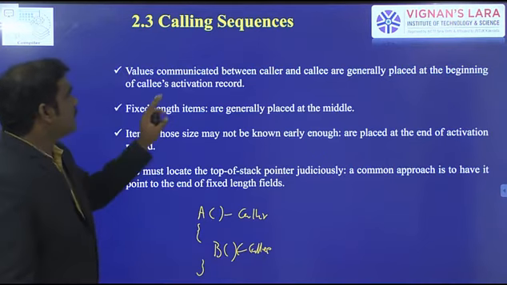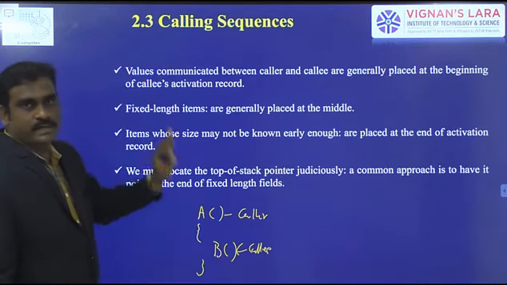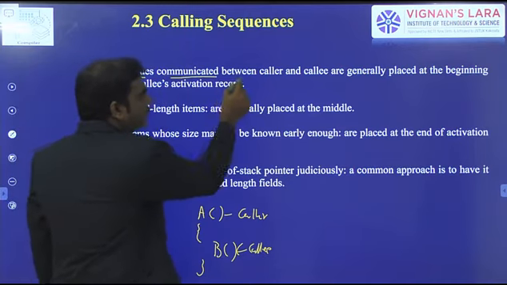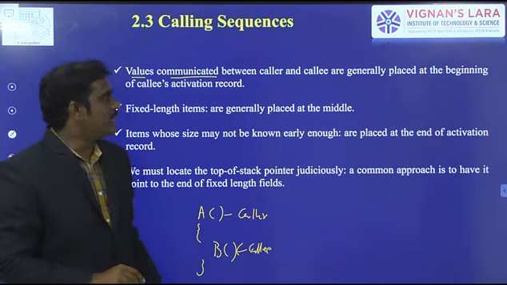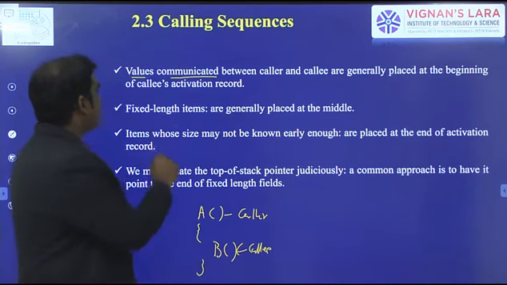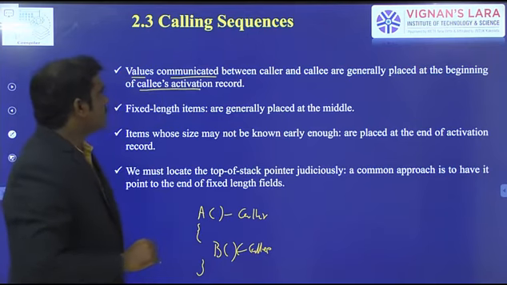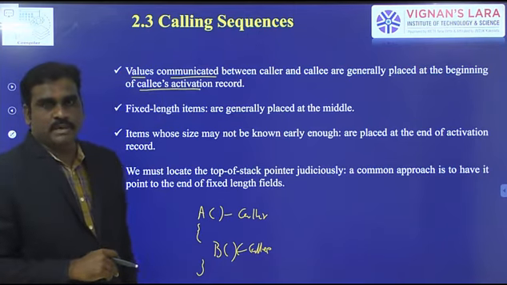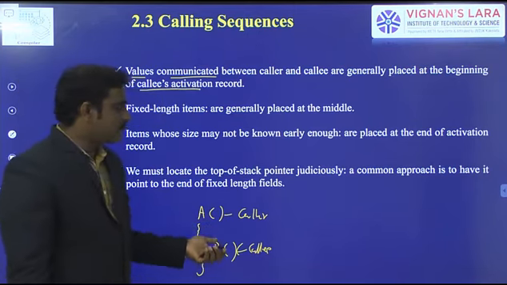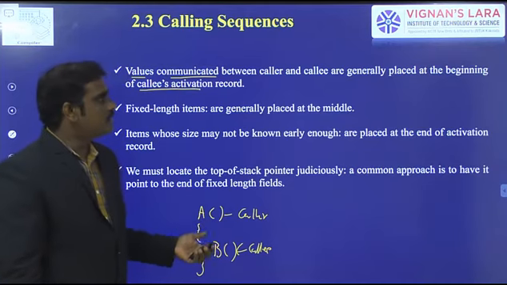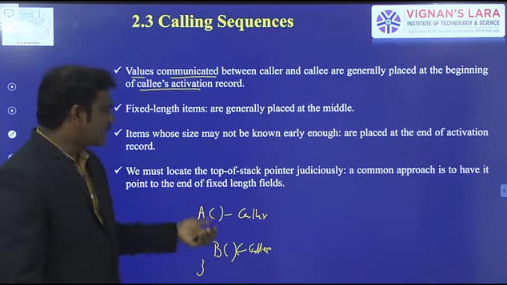Now, the calling sequence means that the values communicated between the caller and the callee are generally placed at the beginning of the callee's activation record.